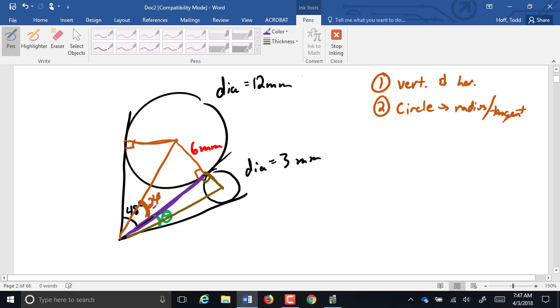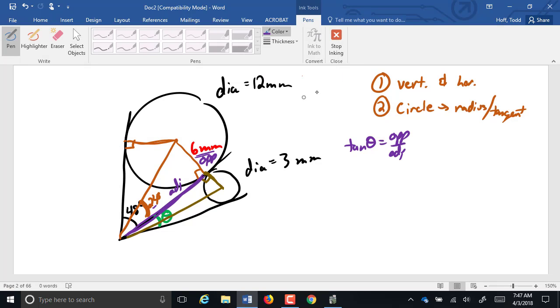According to my 24-degree angle, the 6 millimeters I have is which side? That's the opposite side. The purple side here is the adjacent. What trig function deals with opposite and adjacent? Tangent. Tangent of theta is opposite over adjacent. Do I know theta?